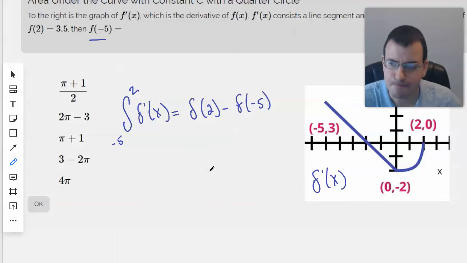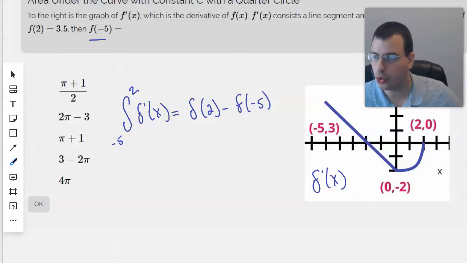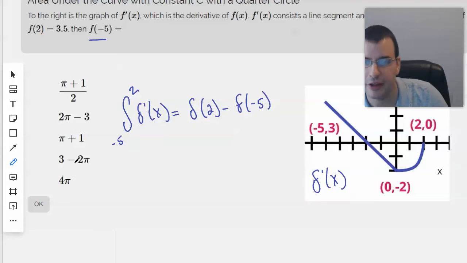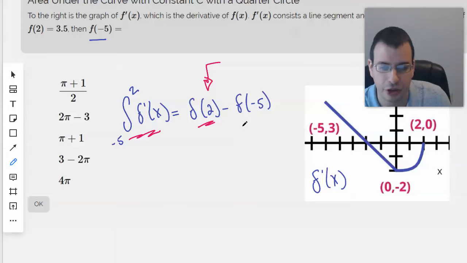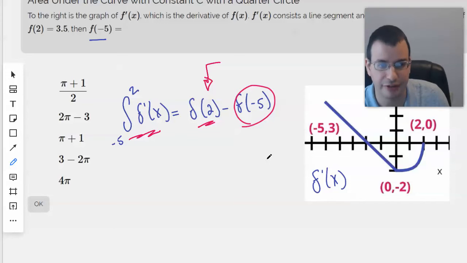We are given this value right here, and we can find this value by the area under the curve. All that's left is f of negative 5.